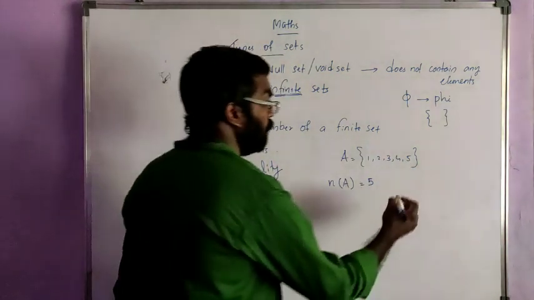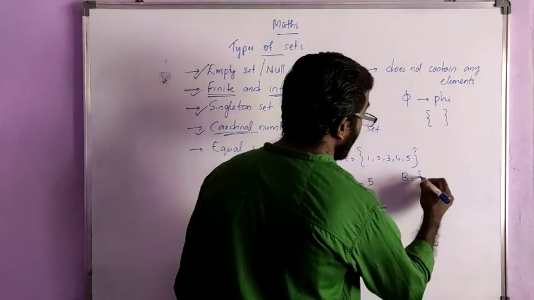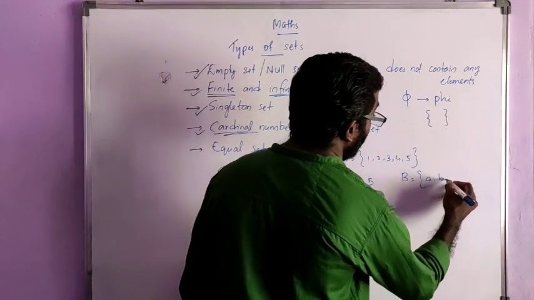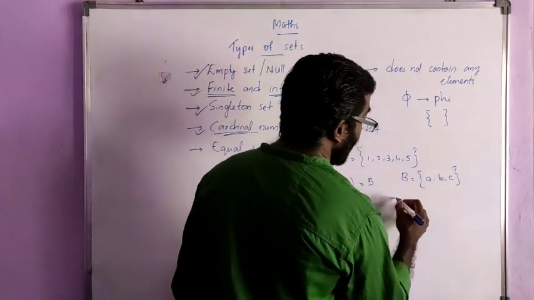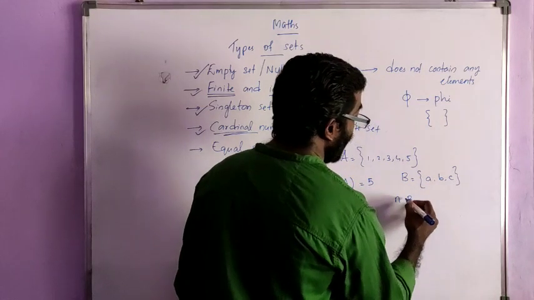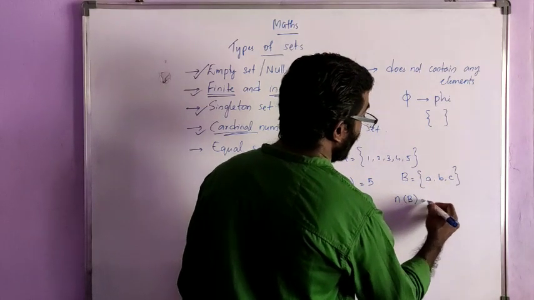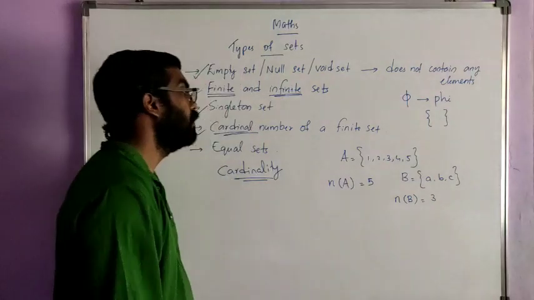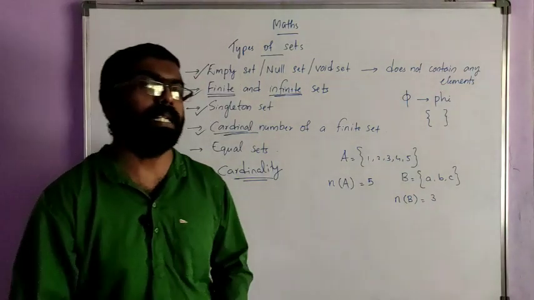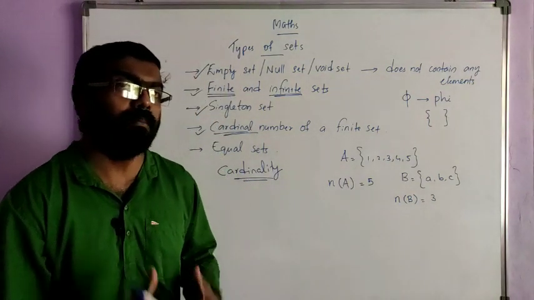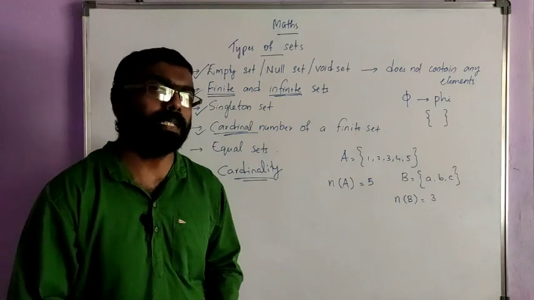Clear? And if we take another set B = {a, b, c}, here the cardinality, or the number of elements in B, is equal to 3. So the cardinal number means the number of elements present in a set.